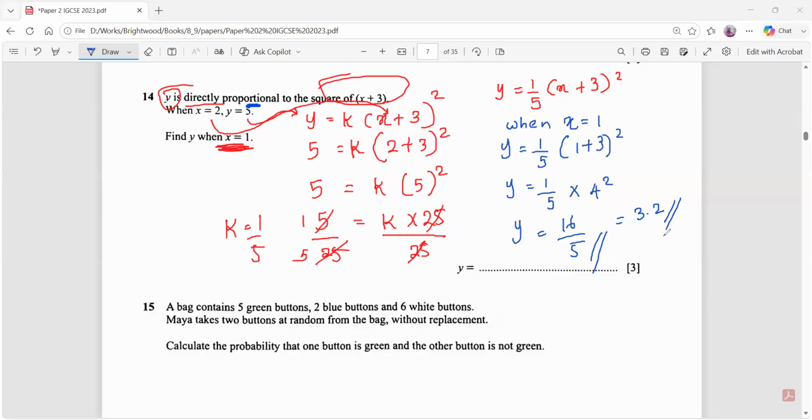Okay? If it is inversely proportional, you can write 1 over k. But here it is given as directly proportional. Okay? If it is given as directly proportional, you can write like that.